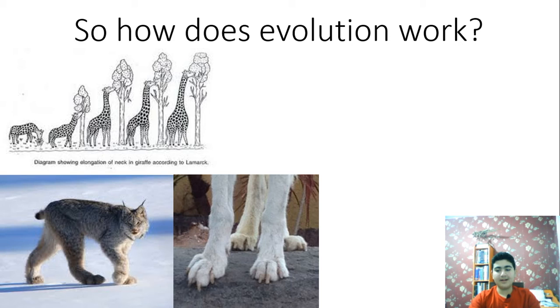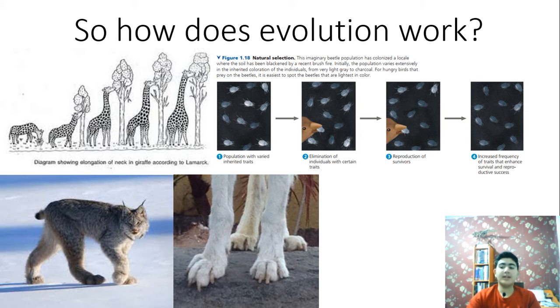By making inferences or conclusions from these three observations, Darwin arrived at his theory of evolution. He reasoned that individuals with inherited traits that are better suited to the local environment are most likely to survive, more than less well suited individuals. Take for example these beetles in a dark environment, but some of them are light colored.